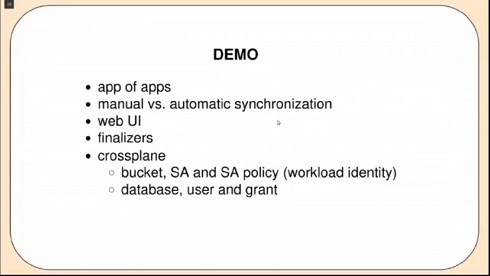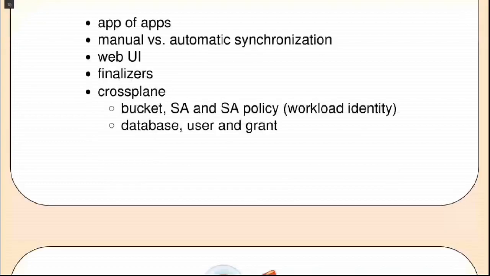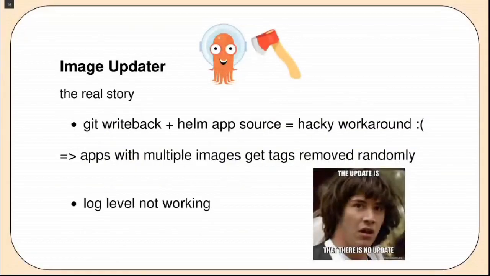So far, everything looks beautiful and, yeah, sunshine everywhere. But the image updater is quite a young tool, especially if you want to use it as we use it, with Git writeback and Helm application source.